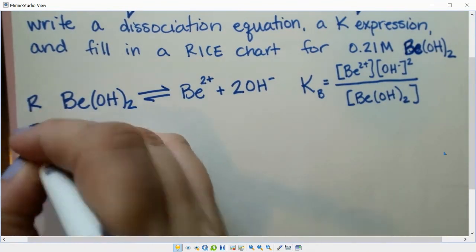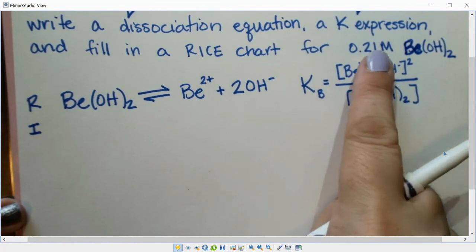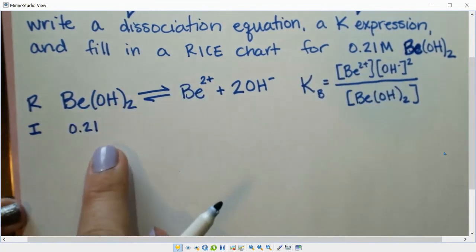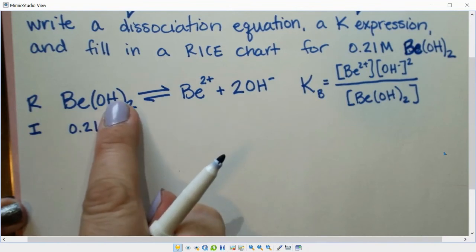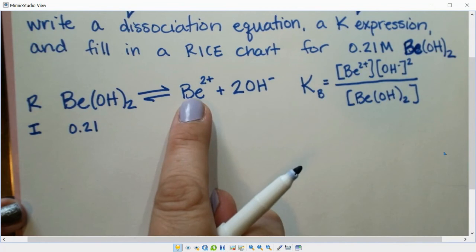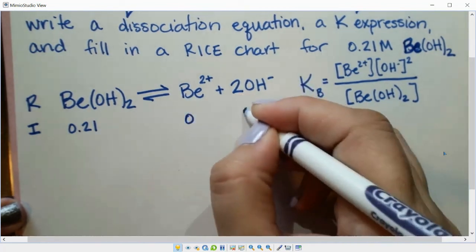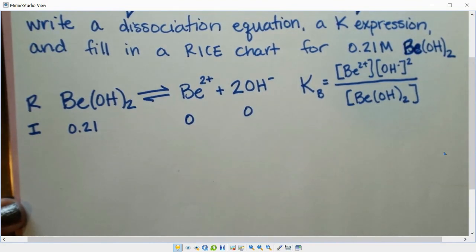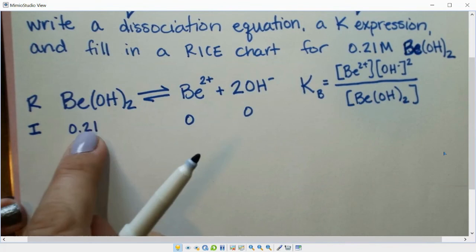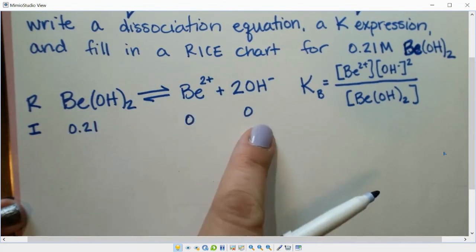I is initial concentration, and the initial concentration is given to us in the question. So before this starts to break apart, I have 0.21 molar of beryllium hydroxide. And since it has not broken apart into its ions yet, those are going to be 0.